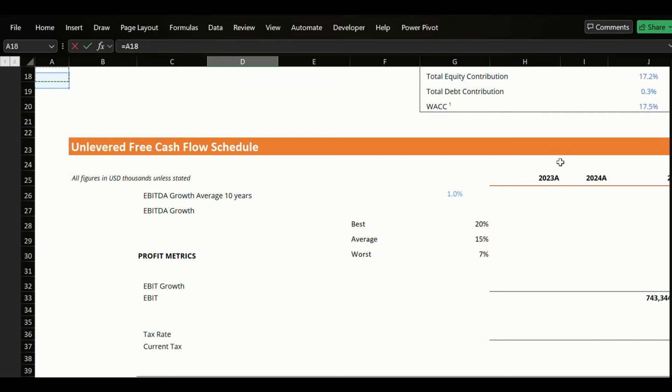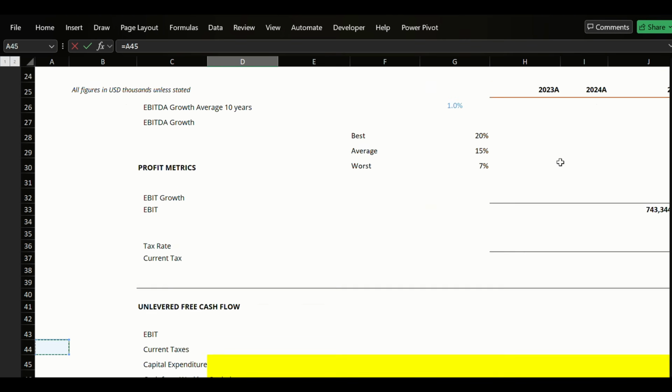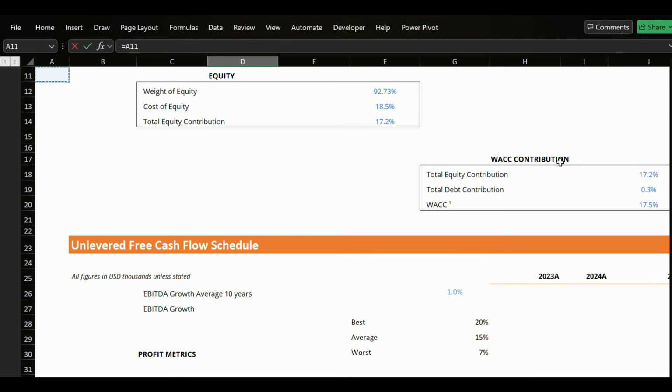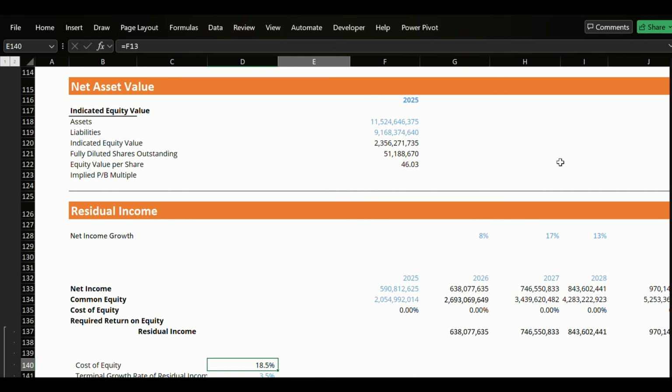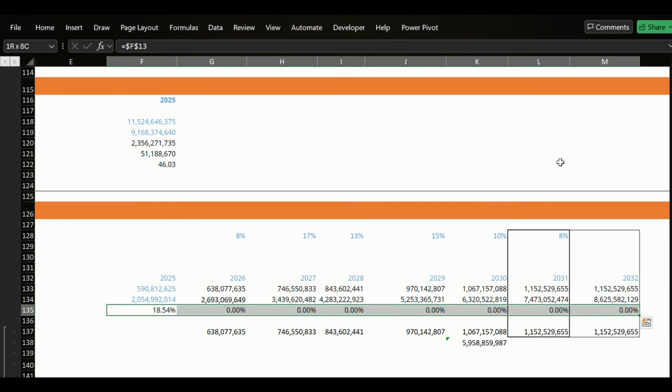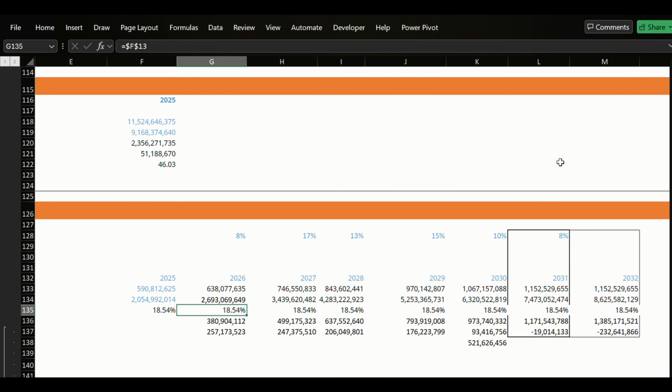That is F13. Let me link it also here, because it will copy it across. So you can see the figures come alive.